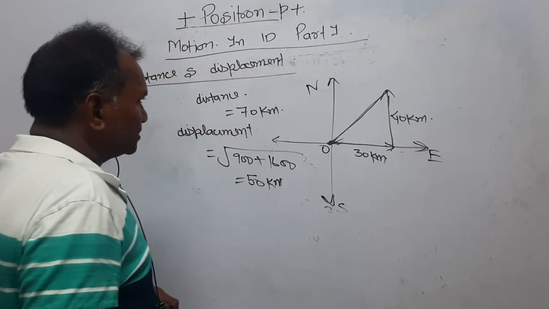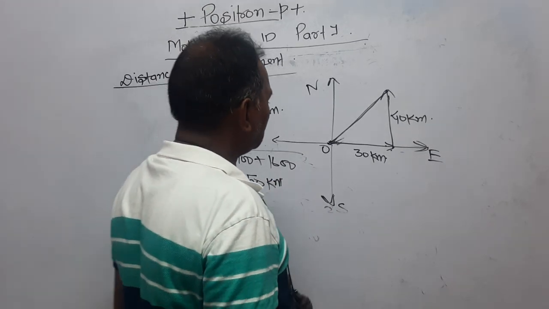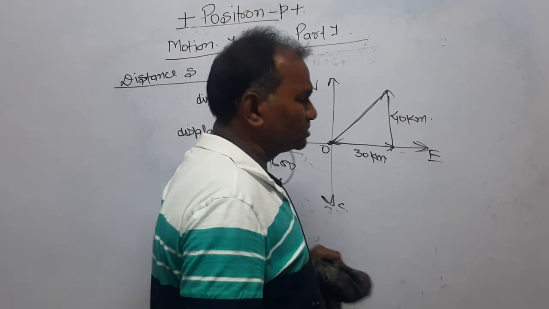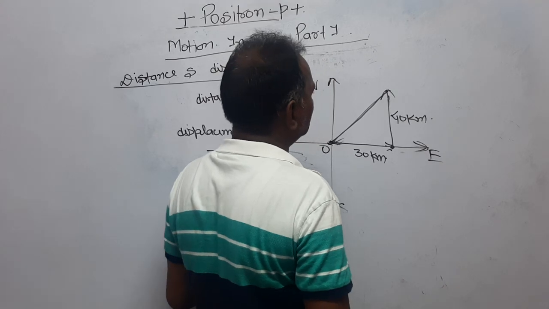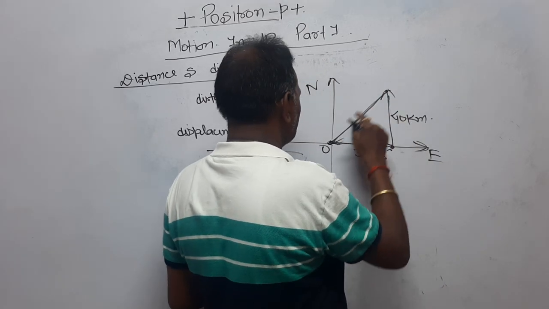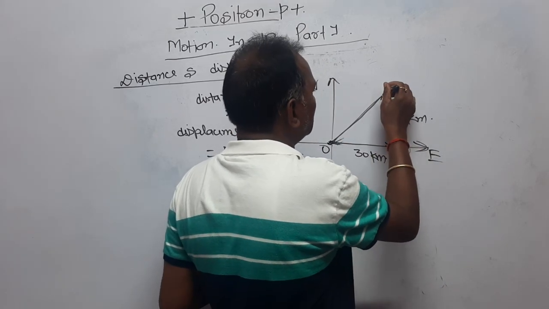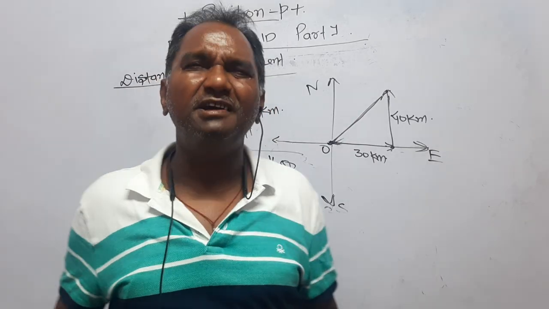If the question is asked that 30 kilometer towards east, then 40 kilometer towards north, and this is 50, and then 50 kilometer upward, vertical.